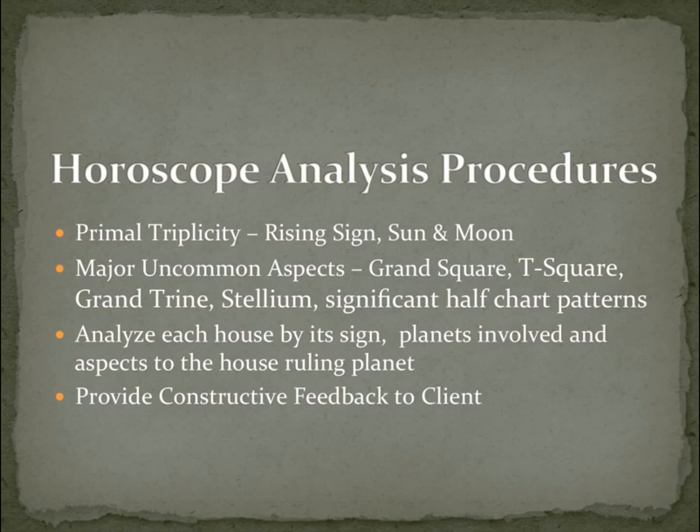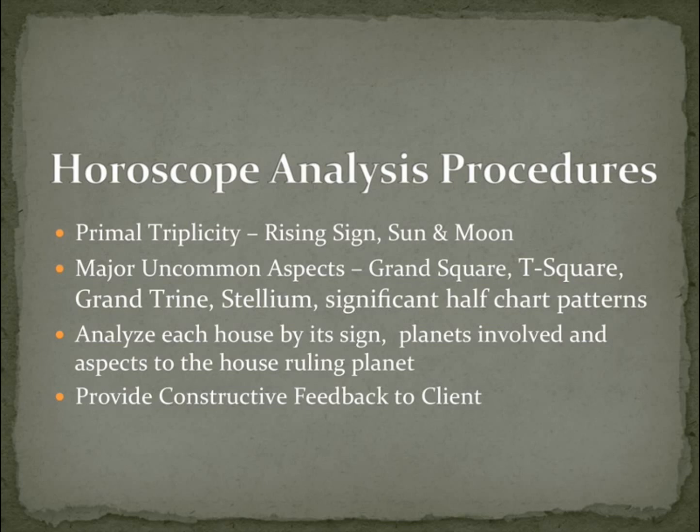Because a person's rising sign covers the first house of physical body and personality, analyze it by sign and any planets contained in that house to get a complete picture of how the person presents themselves to the world. The sun governs a person's consciousness. Analyze it by sign, house placement, and any aspects it makes to other planets.